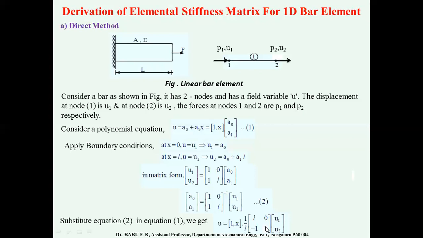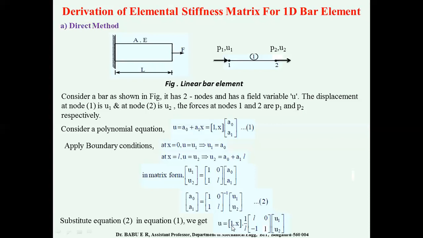Now you expand this. When you expand this, 1 into 1 by L into L. So you'll get 1, and x into 1 by L into minus 1, you'll get minus x by L. So you'll get 1 minus x by L, one term.